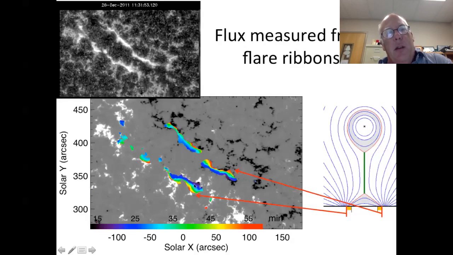And here we see her mapping the location of the flare ribbons at different times. And the color bar, if you can read it, is in minutes: 15, 25, 35, 45, 55 minutes, going from dark blue, violet up to red. And you can see that they indeed progress outward, away from the polarity inversion line.